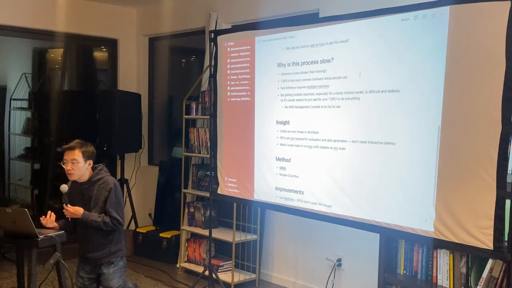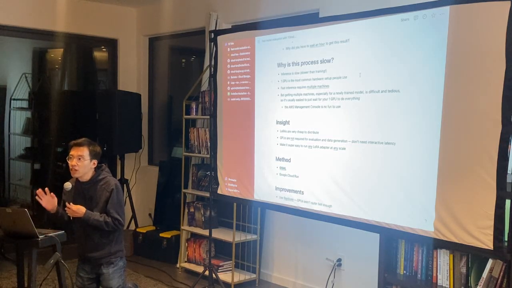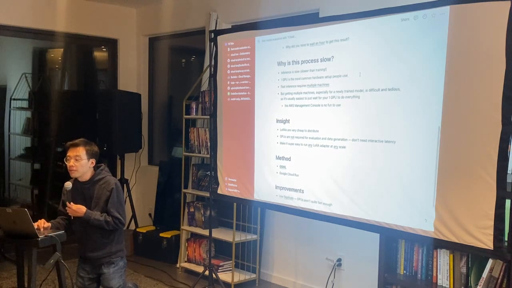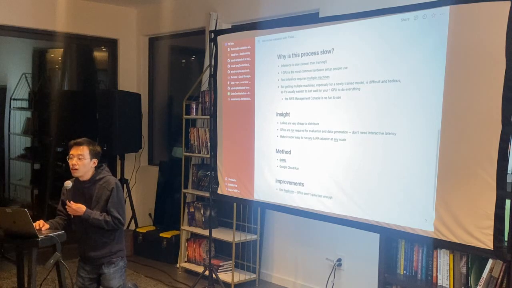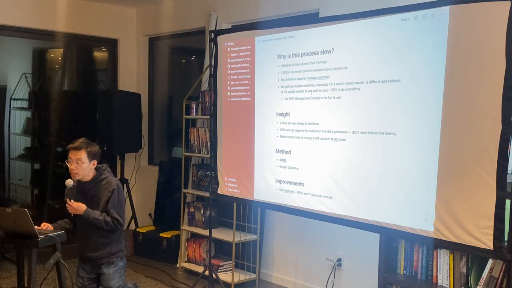So why is this slow? The reason is just that inference is surprisingly slow on normal, not super good GPUs. And most people are trying just fine-tuning with just one GPU. And actually doing inference fast, especially on a larger evaluation set in bulk, requires multiple machines.